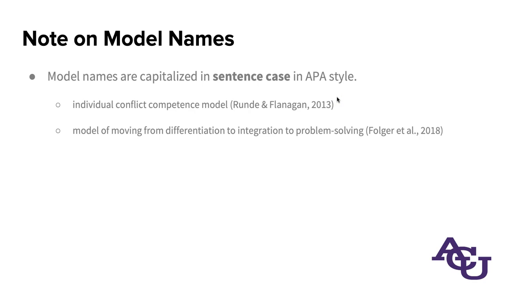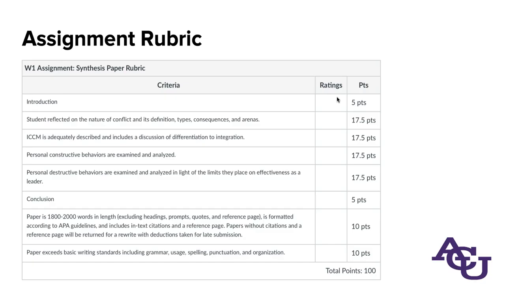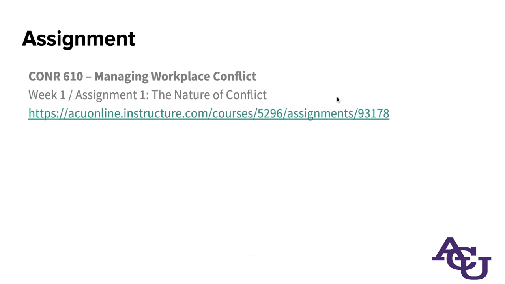Now, the assignment instructions also ask that you discuss certain models. And something to keep in mind is that the instructions in the syllabus and on the course website will give you the information you need, but it's your responsibility to make sure that it's formatted and used correctly in APA 7, which is not necessarily what's in the instructions.